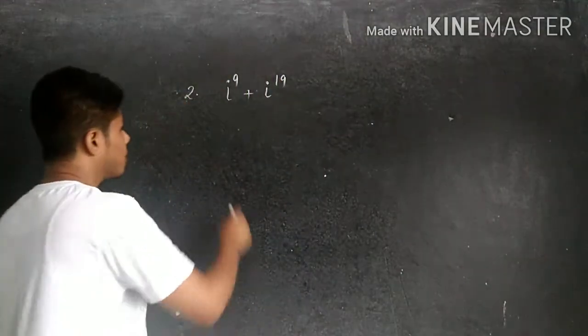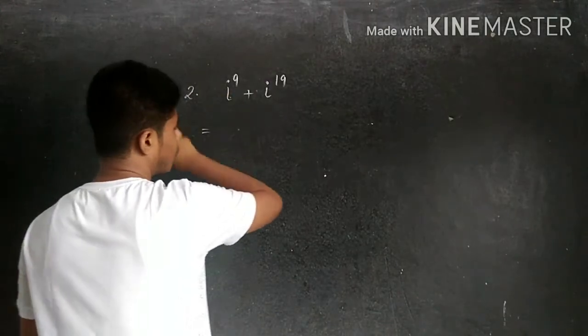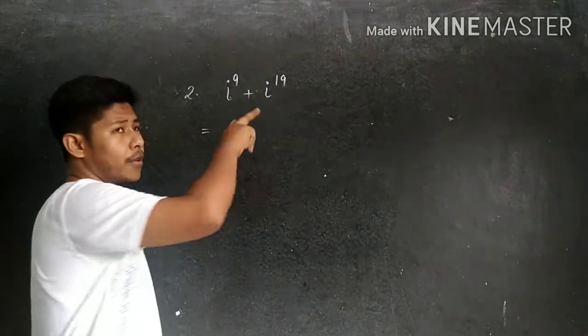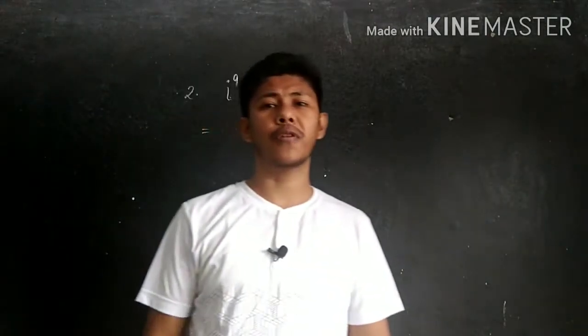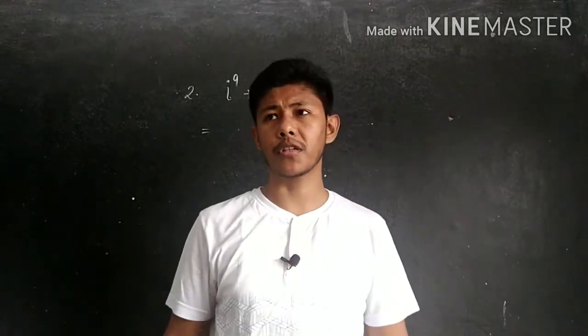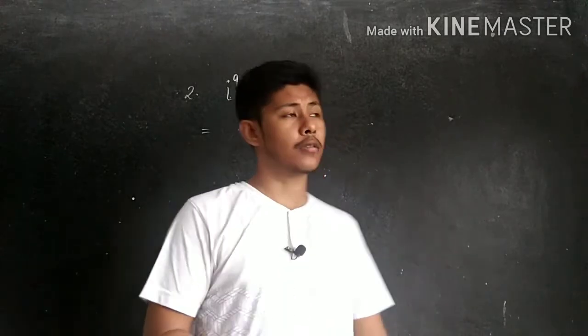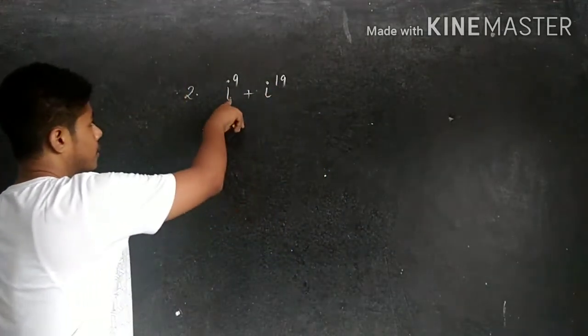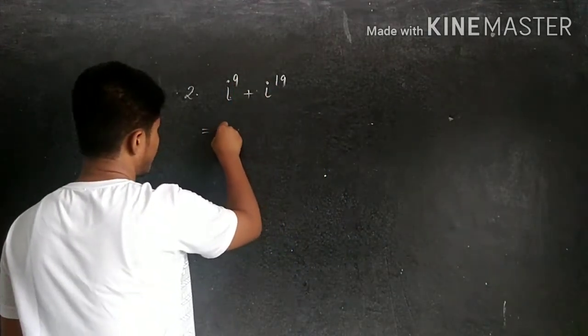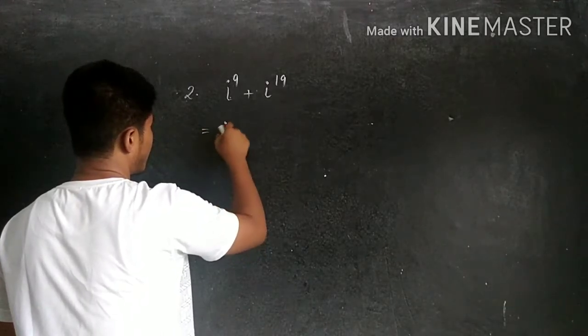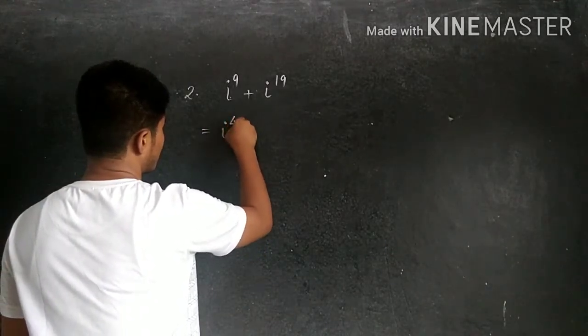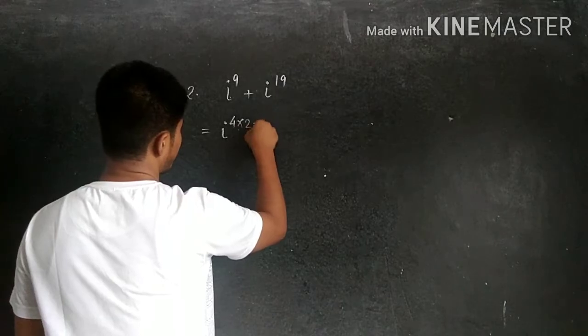Let's see how we can find this result. We know the general forms: i to the power 4k plus 1, i to the power 4k plus 2, i to the power 4k plus 3, and i to the power 4k. So we rearrange in terms of multiples of 4. The first one we can write as i to the power 4 into 2 plus 1, that is 8 plus 1.